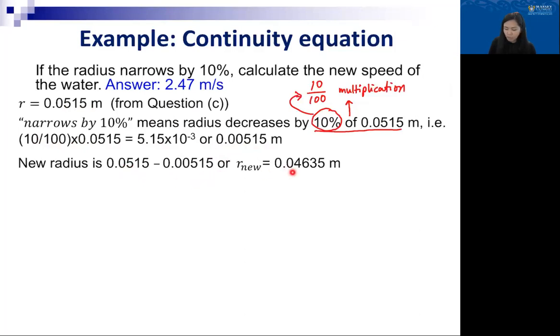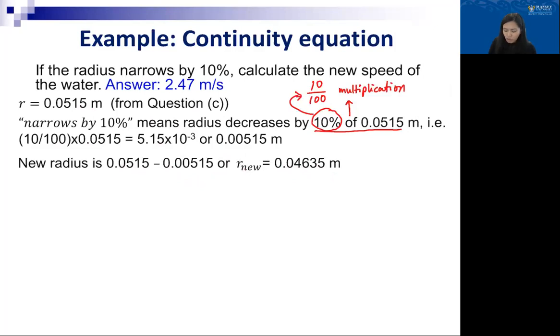And that will be 0.04635 meters. Okay, does that make sense? Sometimes thinking in percentage can be a little bit confusing. But hopefully this makes sense. Yeah, good. Thanks for the thumbs up.